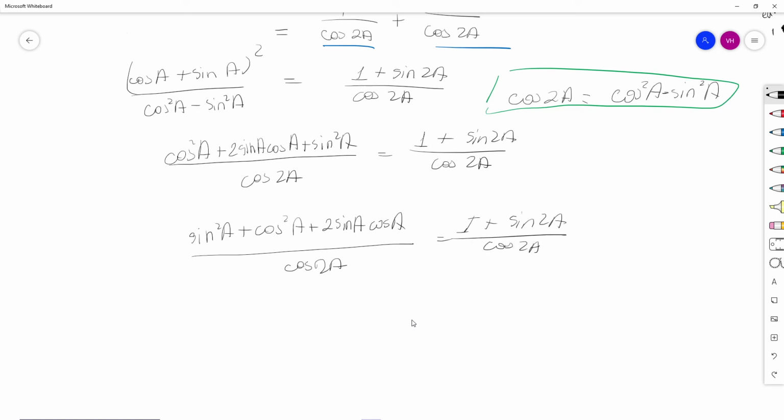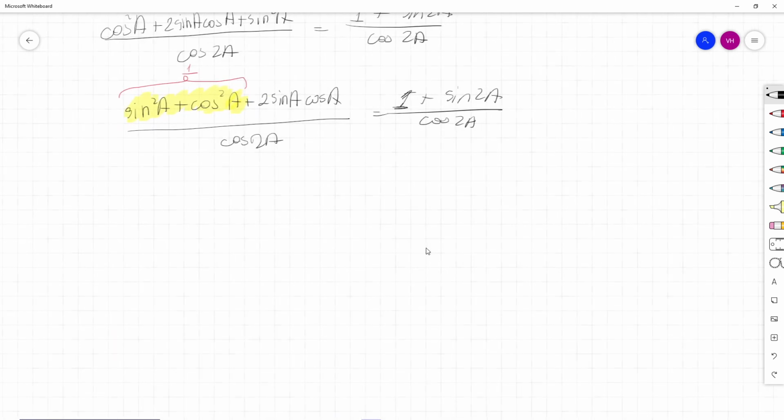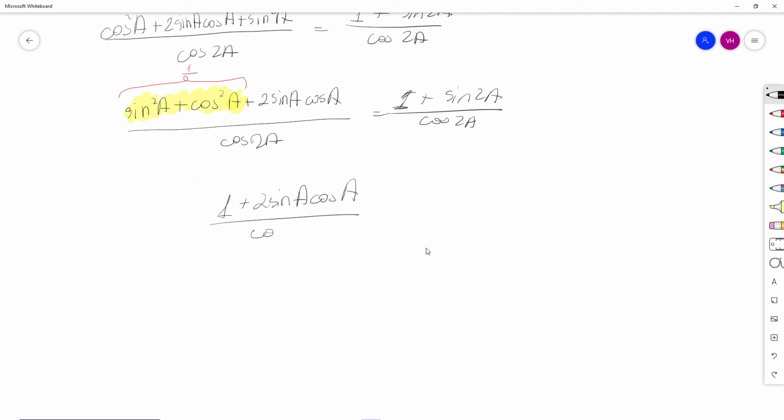Now in this form we can see that sine squared plus cos squared is our basic trigonometric identity and equals 1. That looks so much better, because now we rewrite it as 1 plus 2 sine a cos a divided by cos 2a.